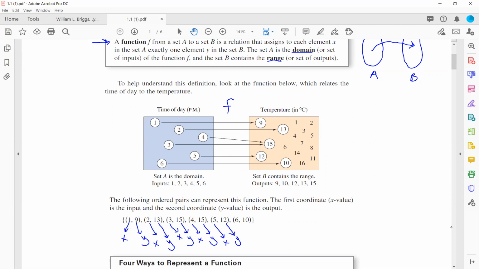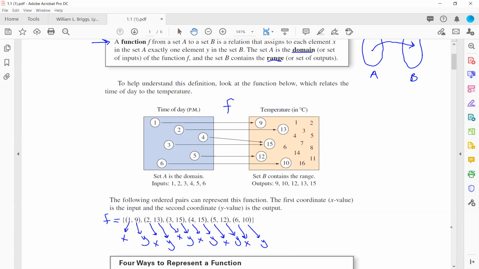And finally, the last point in this collection has first coordinate 6 and second coordinate 10. We represent our function this way. Since you have just finite or countable numbers in your domain, it's easier to list all the members in this function.